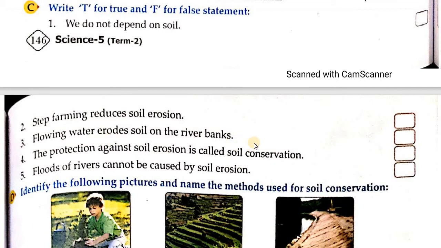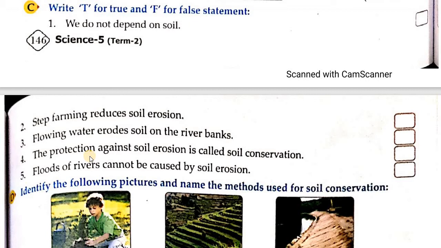Yes, it's true. We have studied this in the paragraph running water, and we said the flowing water of a river causes soil erosion along the banks. Number 4. The protection against soil erosion is called soil conservation.